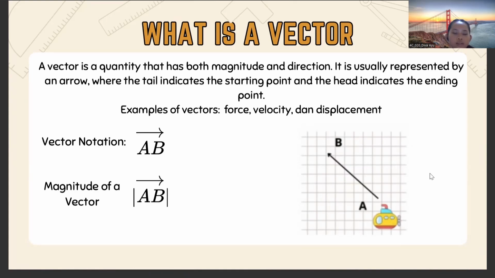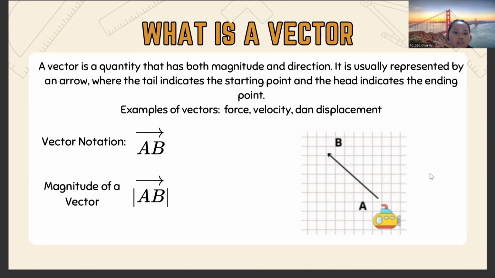What is a factor? A factor is a quantity that has both magnitude and direction. Magnitude tells us how large the quantity is, while direction tells us where it is pointing. A factor is usually represented by an arrow.